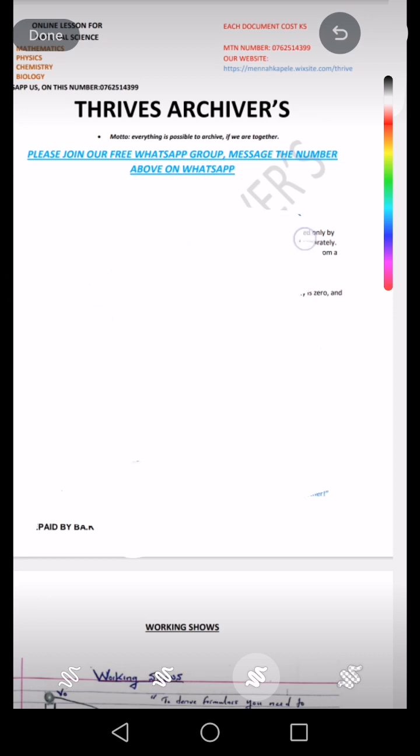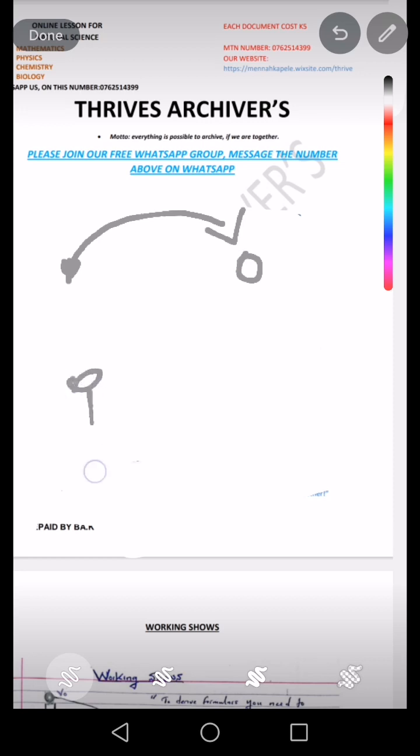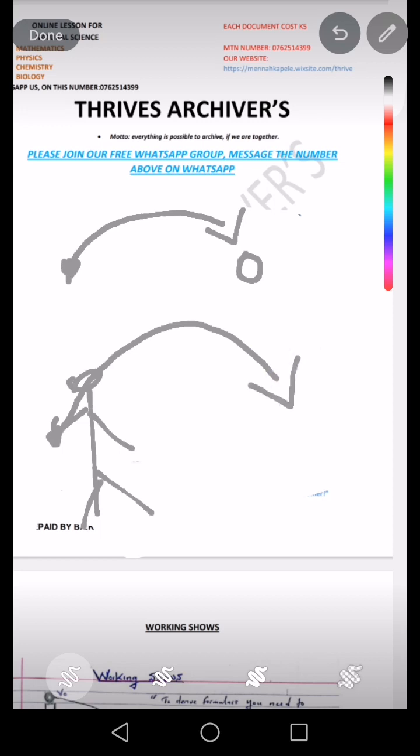I can just give an example. You have launched this object upward, then the object will be here. Or this is a person, for example, throwing a stone. The stone will move this side, and then come back down to the ground. That is what we are calling projectile motion.